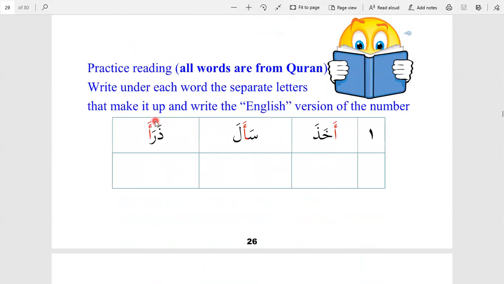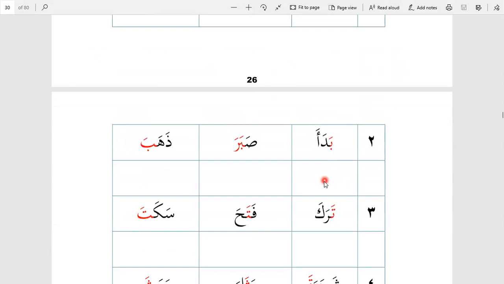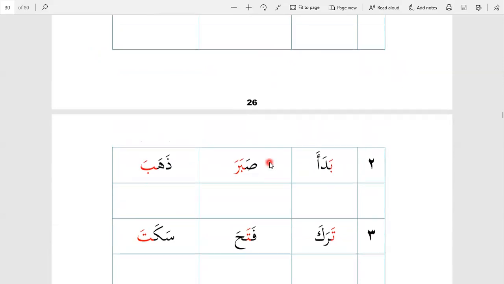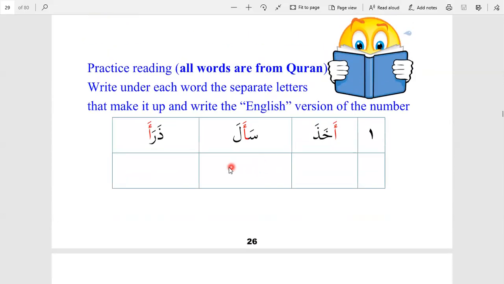Now, if we were following the book, along with reading, it also asks us to practice writing. I'm not gonna go through the writing part of it. Whoever wants to master writing, I suggest you go back to this video, pause it, and also go and practice doing what the book was suggesting.